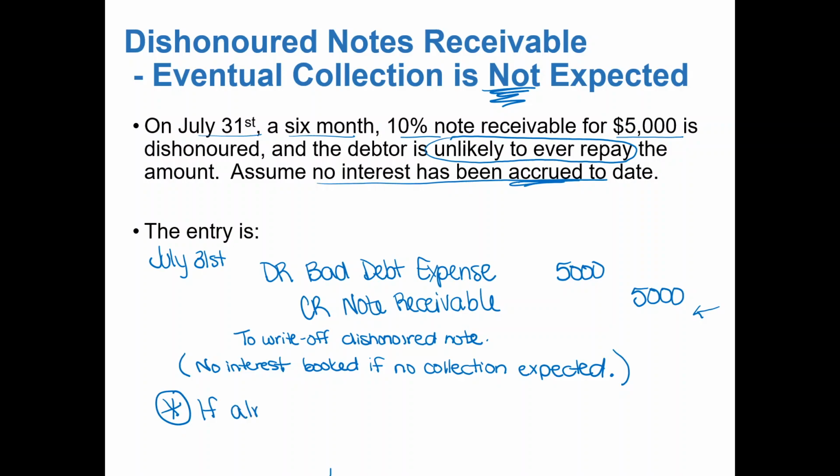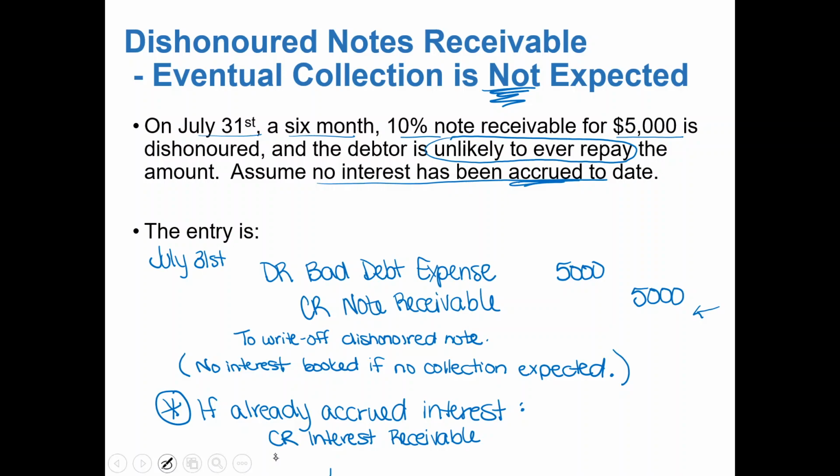If already accrued interest, you need to credit the interest receivable. So get rid of the amount that's already been accrued.